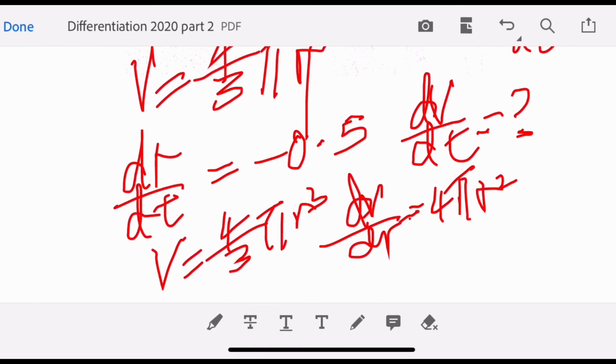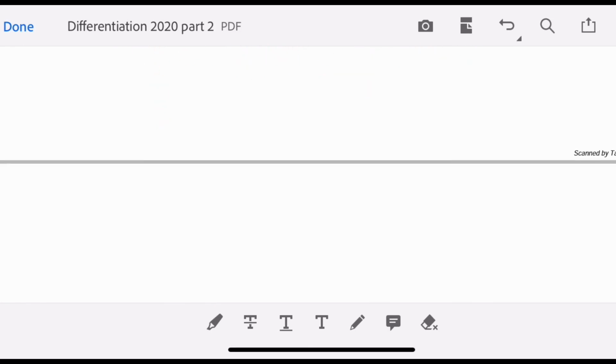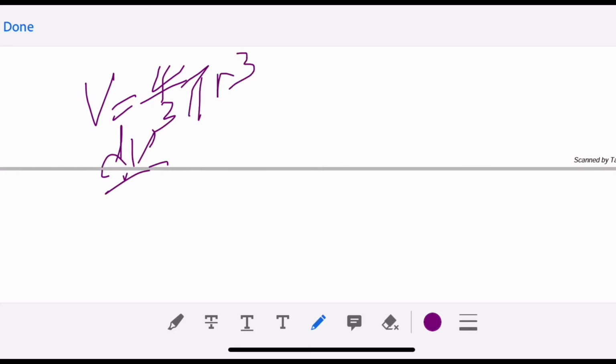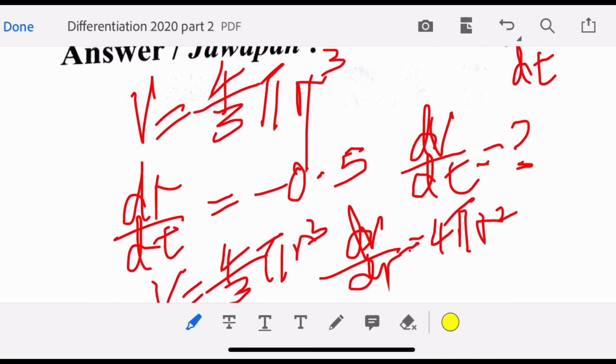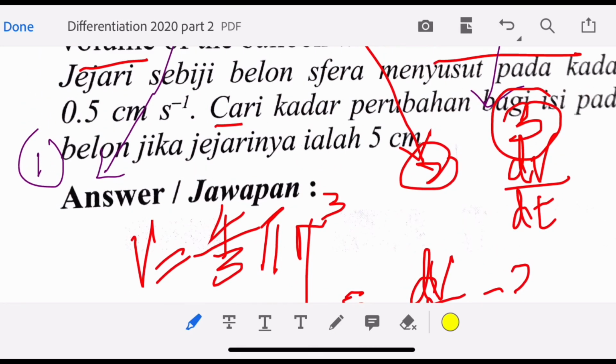X and Y can be any variable. Now the volume is equal to 4 over 3 pi r cubed. So I do dV/dr, 4 pi r squared, because 3 times 4 over 3, you cancel out the 3.